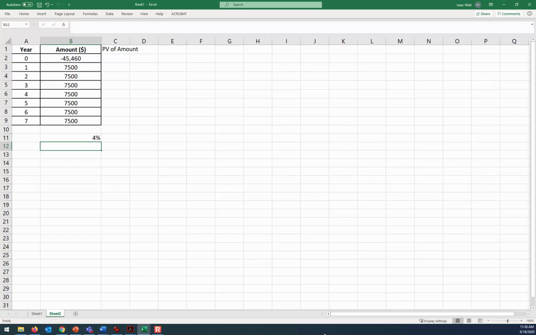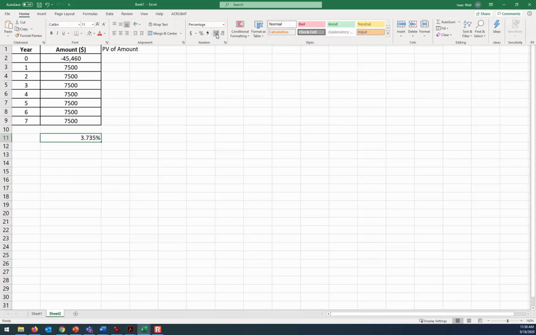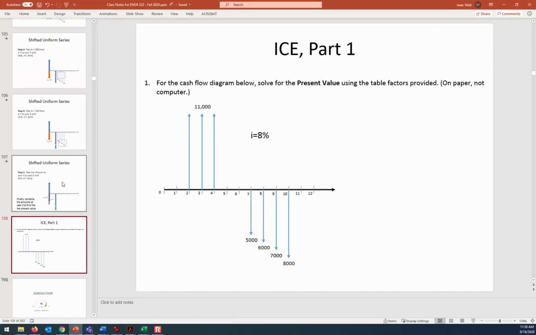It tells us that the interest rate that would bring balance is 4.37%. So we'll use the RATE function again in the future as well, but I just wanted to show you that that's a way you can confirm your answer when you're doing the PV of amount method. If you just use the RATE function, that's another approach.